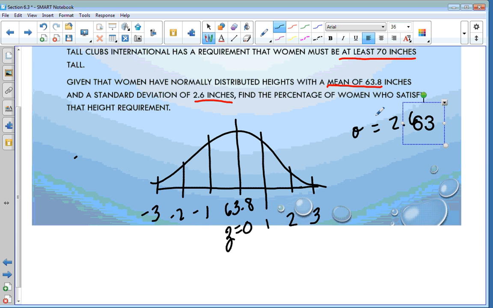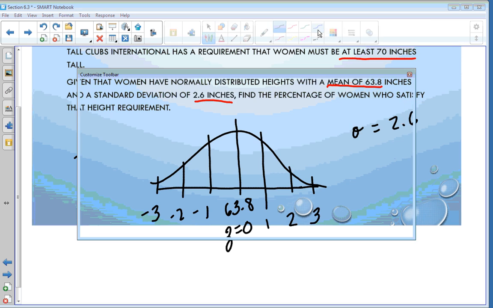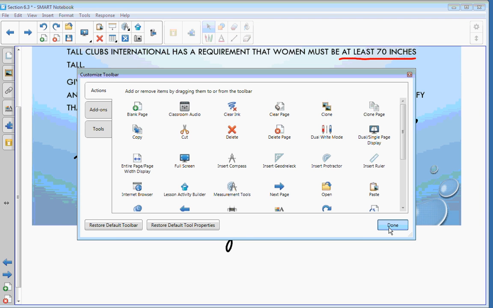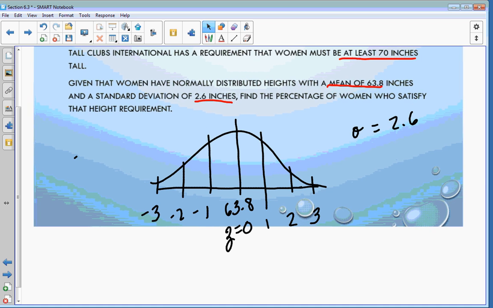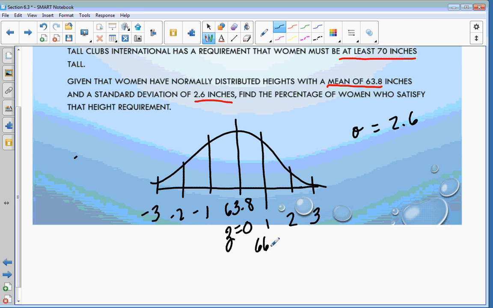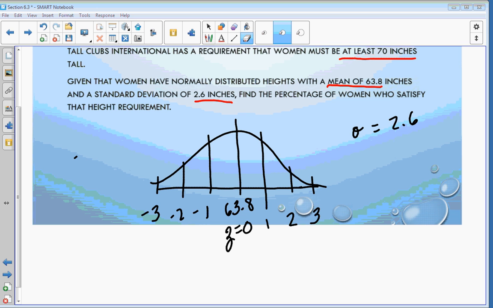So I've got 63.8, and I'm going to add 2.6.